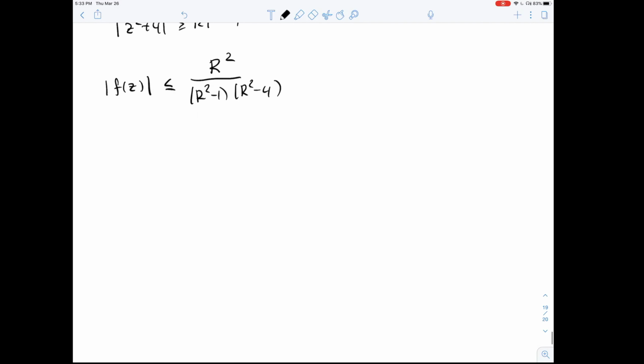Well, f of z is great, but that's not what I need. I need the integral. And it's again less or equal than the maximal value of f times the length of my contour, which is again pi r.